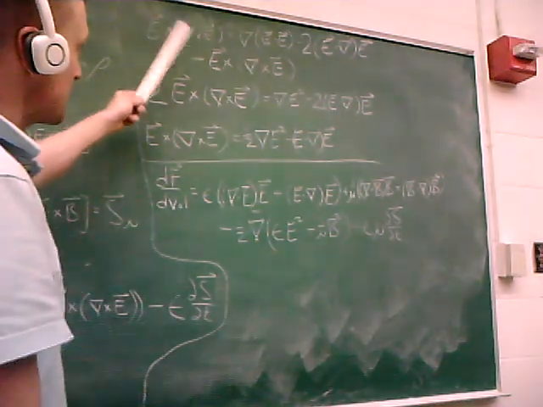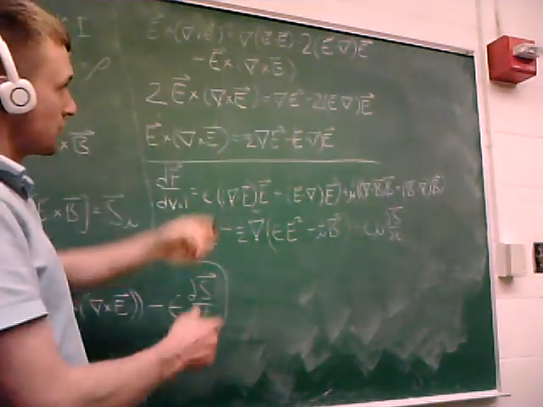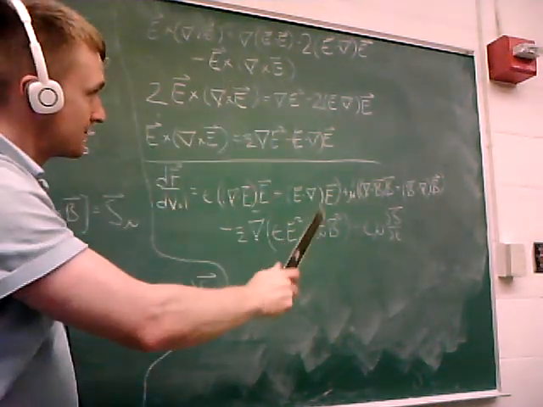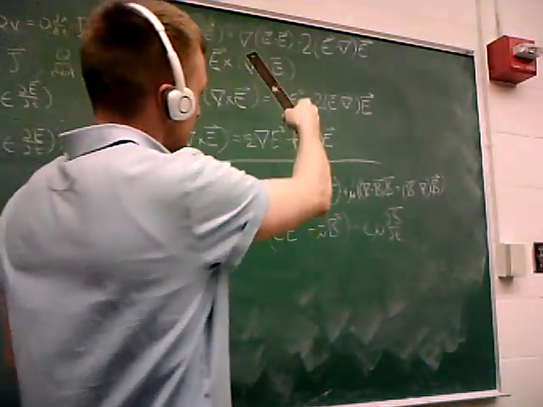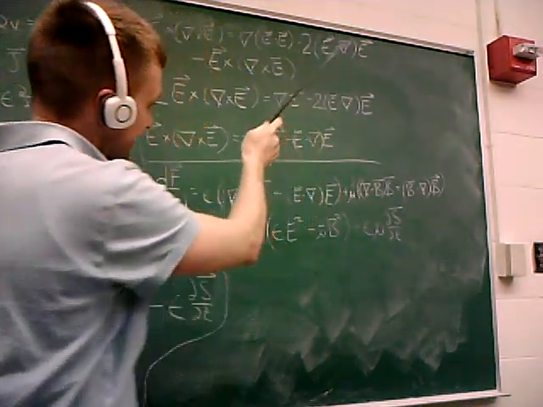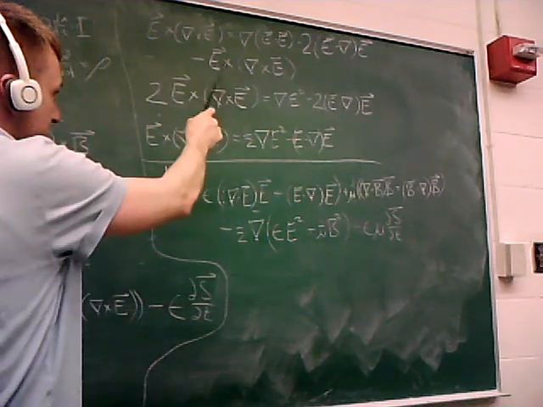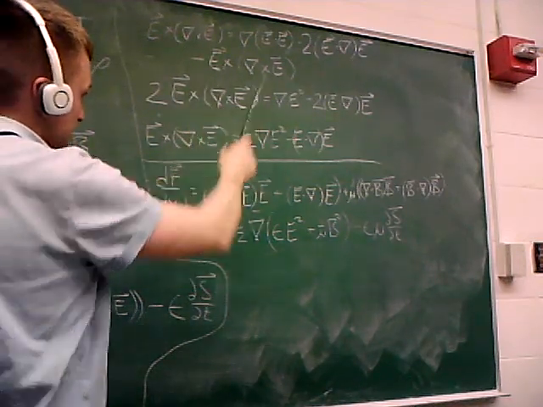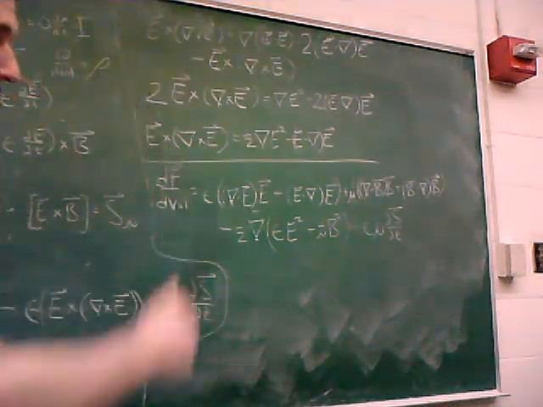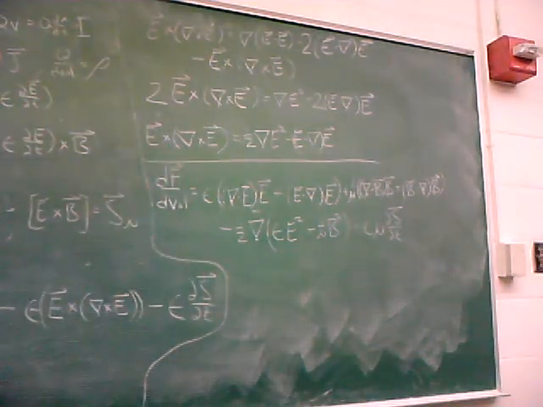E cross curl of E equals grad E dot E, which would be AB, whatever, minus 2 E dot del times the E field, minus E cross curl of E. Again, so we have two of those. One's on either side of the equal sign.